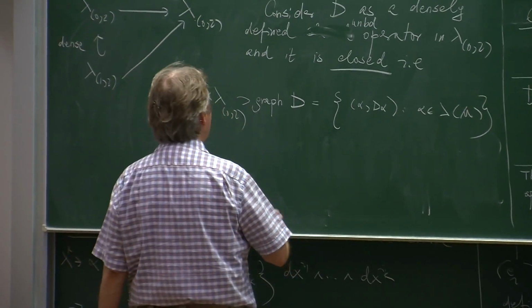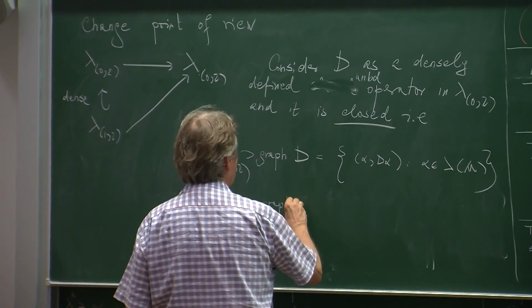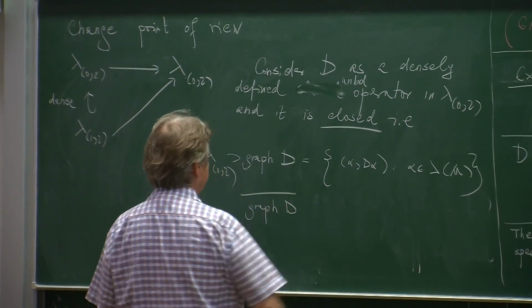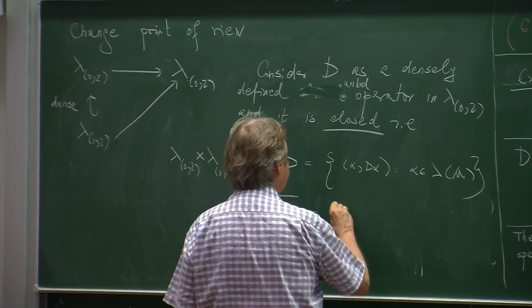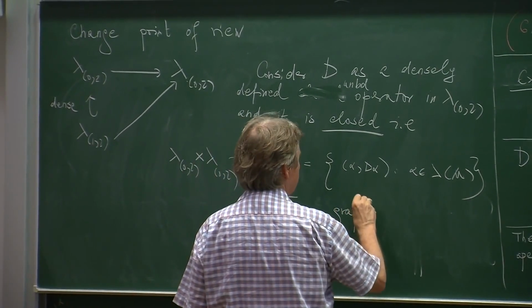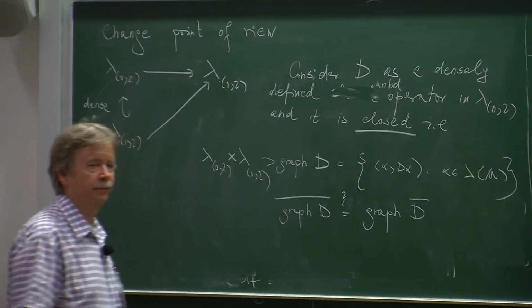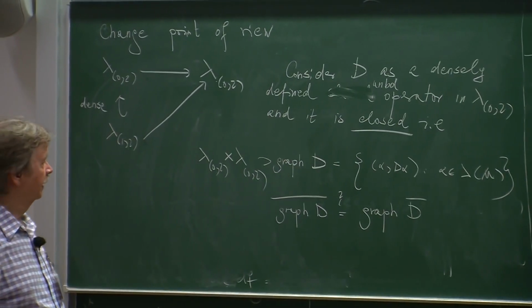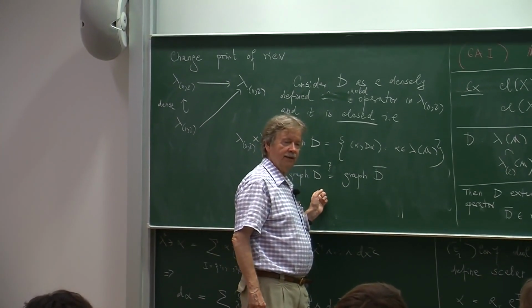Now I want to take the closure of this graph and I would like to have that this is the graph of an operator. And this is, of course, not necessary.